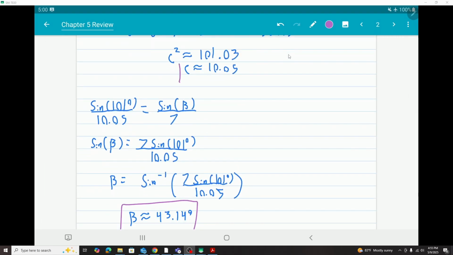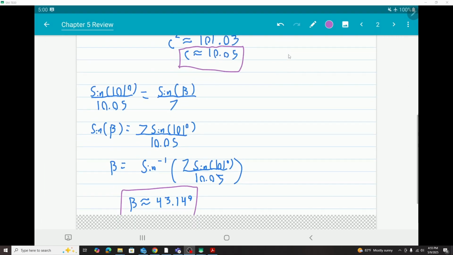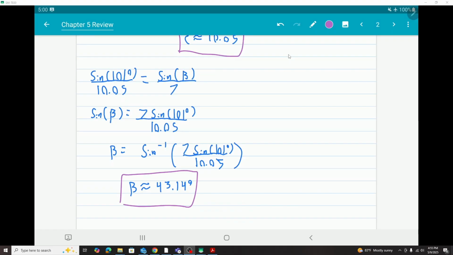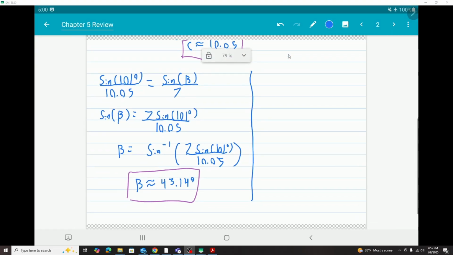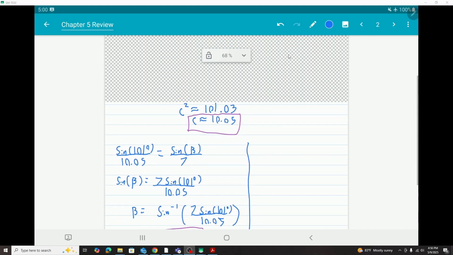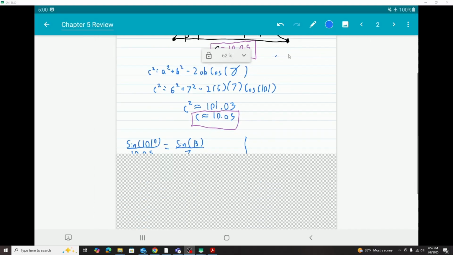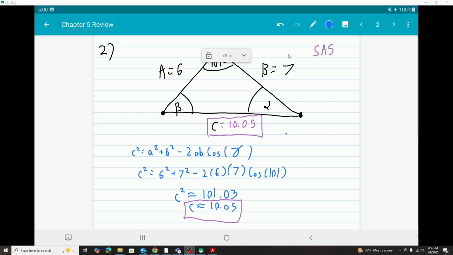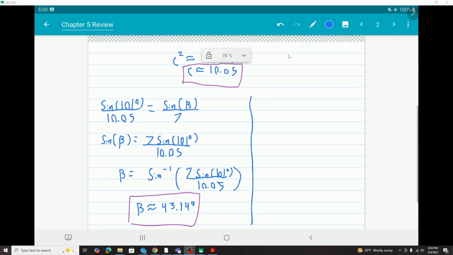Okay, so we have side c, we have angle beta. So now we just need to find alpha. But now that we have 2 angles, finding the third is really easy because this is just a triangle. So this is 43.14 right here. And so how do I find alpha now?